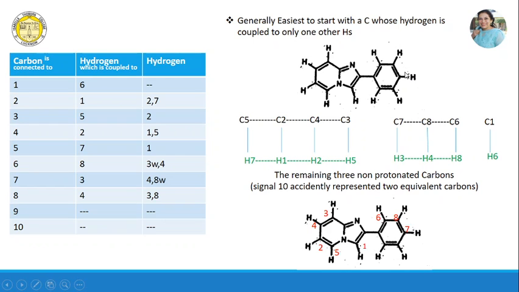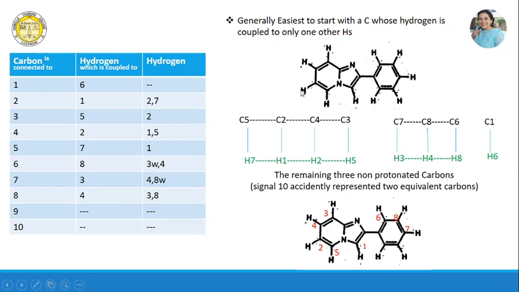That means the ortho and the para will be shielded. If ortho and para are shielded, what will happen? You will see that they will appear upfield. So it is C7. This particular piece is C6. This is C8 and this is C6, right?